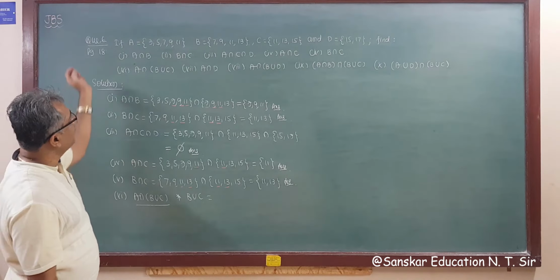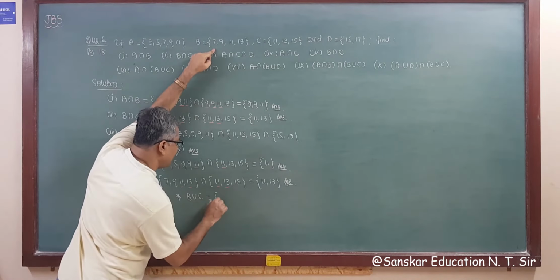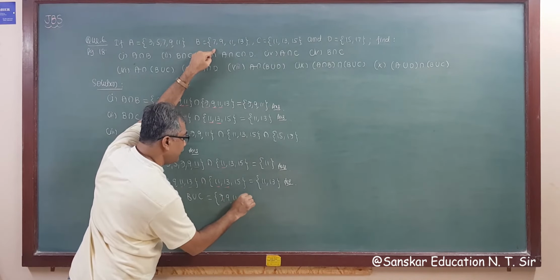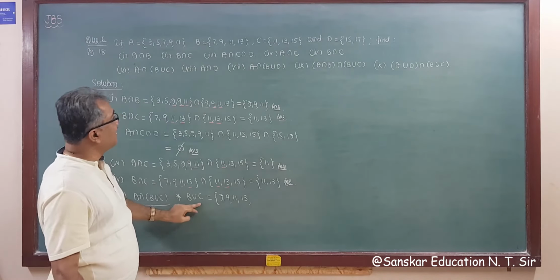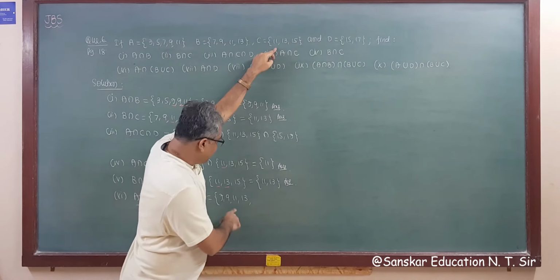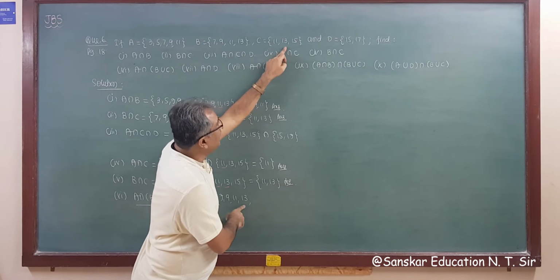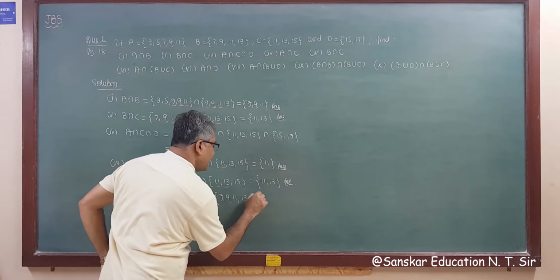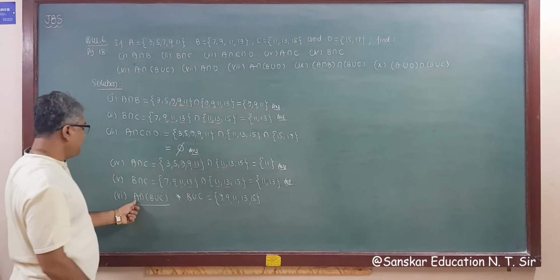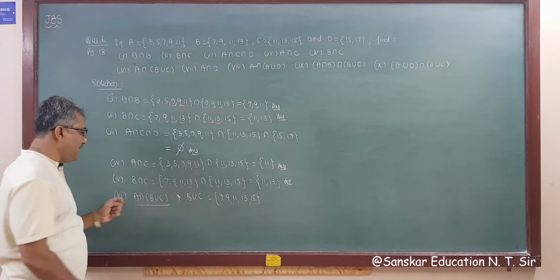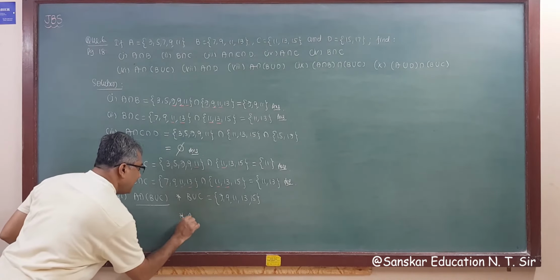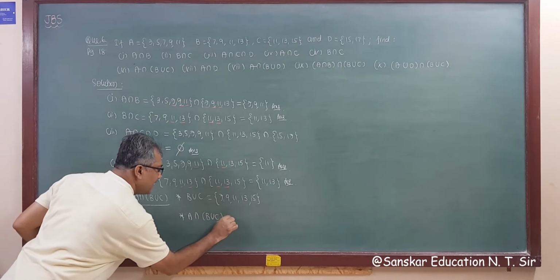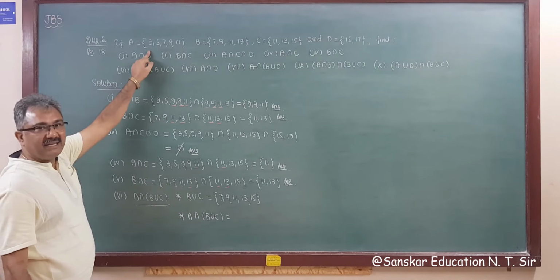So first B has 7, 9, 11 and 13 elements, right? And C has 11, but 11 is already there, 13 is also there, the only remaining one is 15. So we write down 15 only. Then intersection with A. So your answer will be A intersection B union C. Now what is A? 3, 5, 7, 9, 11.